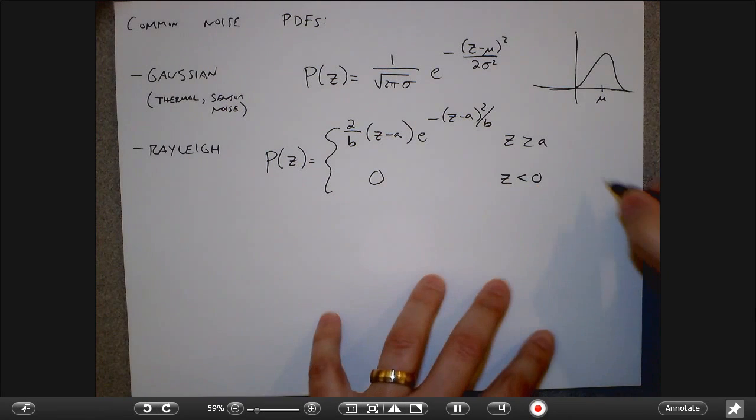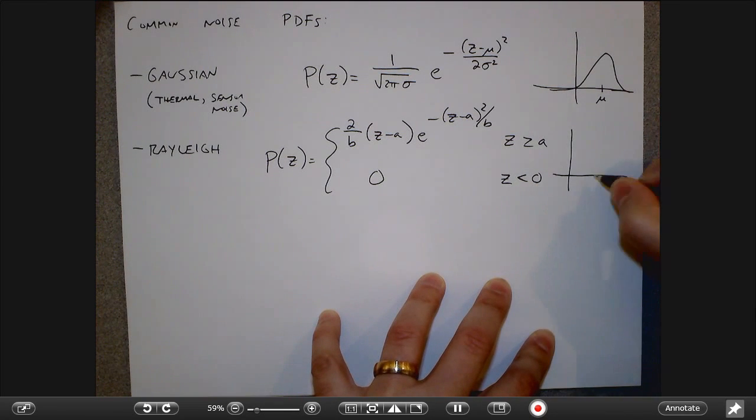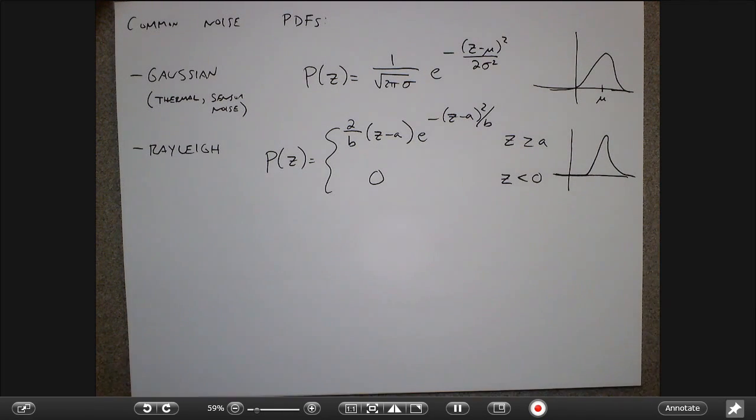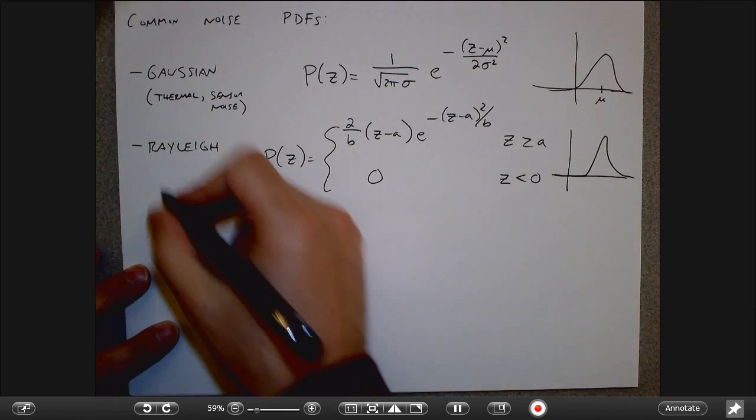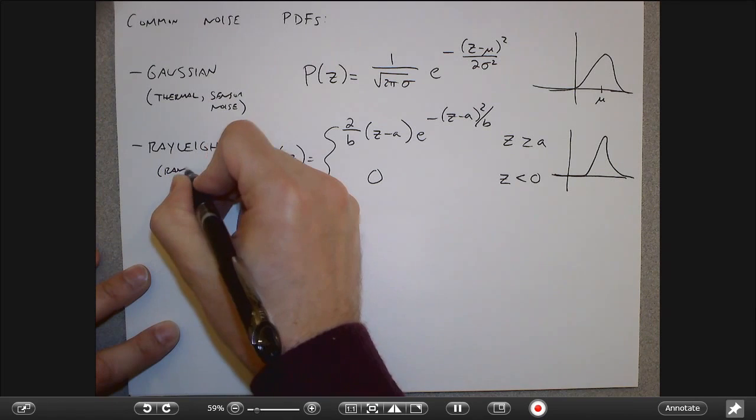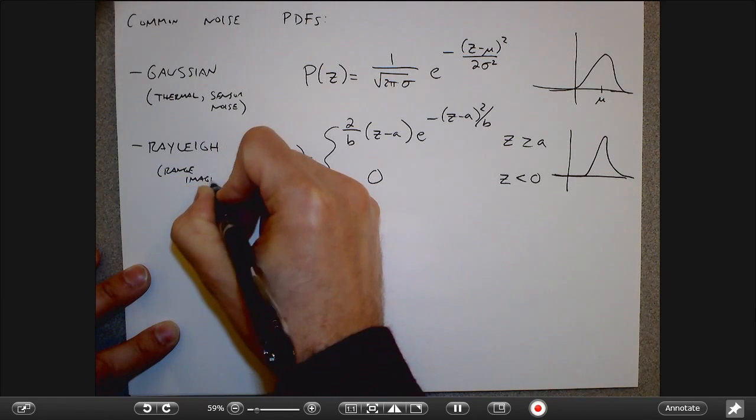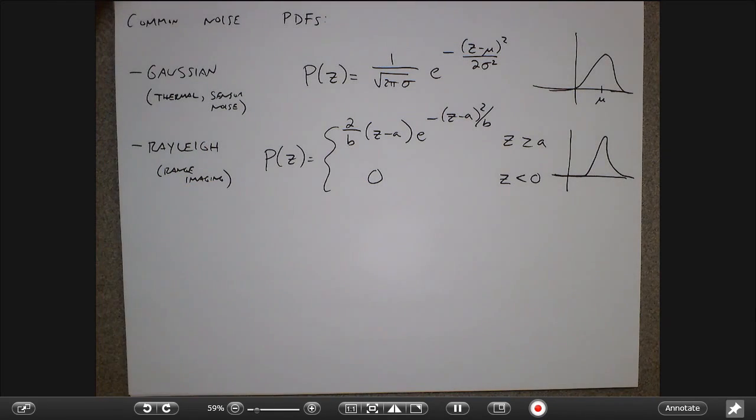So it's something that is 0 up to some point, and then looks like a one-sided Gaussian that's truncated. And so this kind of noise occurs, for example, in applications like range imaging. So if you're sending something out into the world and it bounces off an object and then it gets corrupted as it comes back to you, this is the kind of noise that sometimes models that.